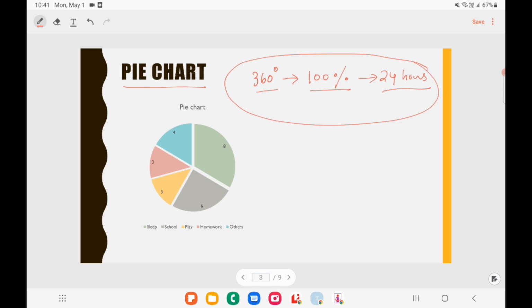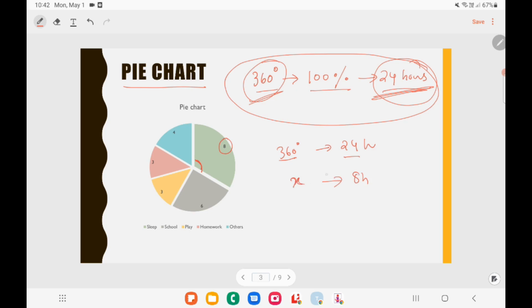Let us first see how we can find this angle. We know that 360 degrees corresponds to 24 hours. I am taking this because I need to convert these 8 hours into degrees. So we need to see 8 hours corresponds to how much degree.